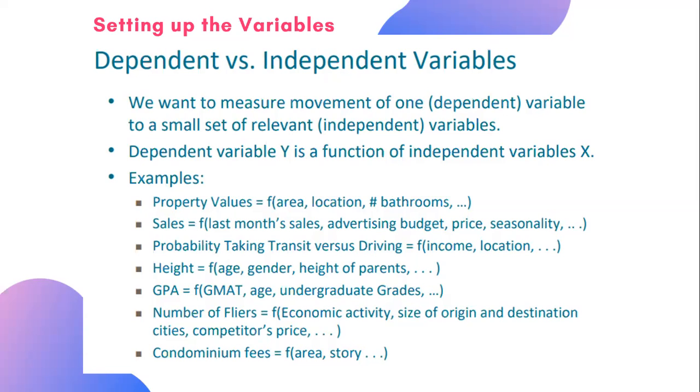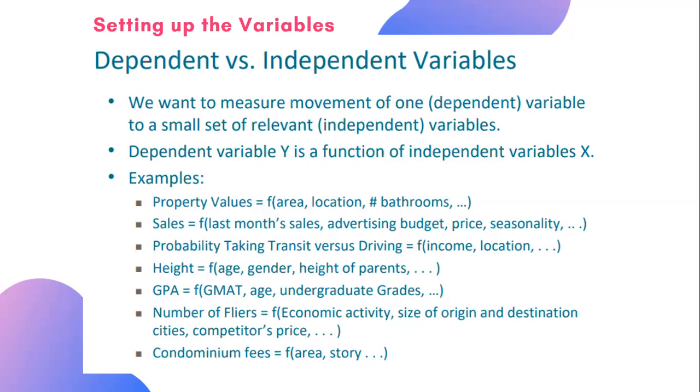If we want to understand what variables determine the property price, there may be a number of different variables. There may be how big the house is, the area of the house. Obviously, if it's a really huge mansion, it's going to be a lot more expensive than a tiny apartment. The location also matters. If it's in a very popular location, the price of the house may be more versus if it's in the outskirts of the city.